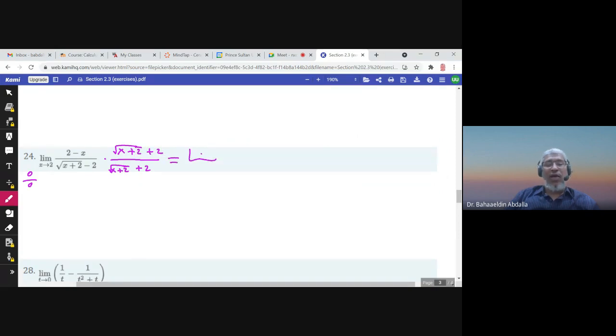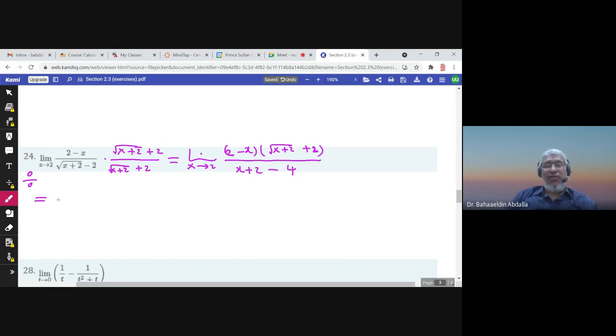So we have the limit when x approaches 2. Multiply the two terms in the numerator, and just leave them like this, because we are expecting that 2 minus x would be cancelled. Now, if you multiply these two, u minus v times u plus v, you get u square, which is x plus 2, minus v square, which is 4.